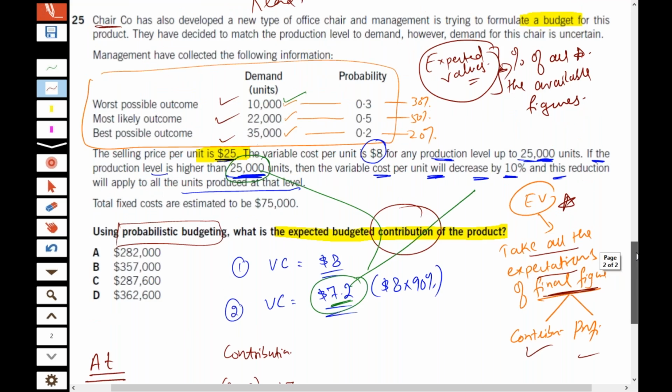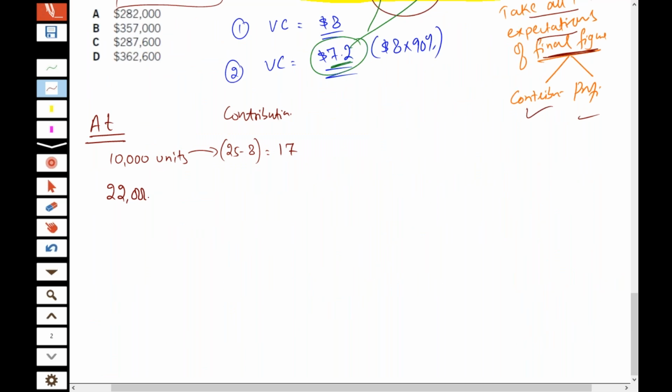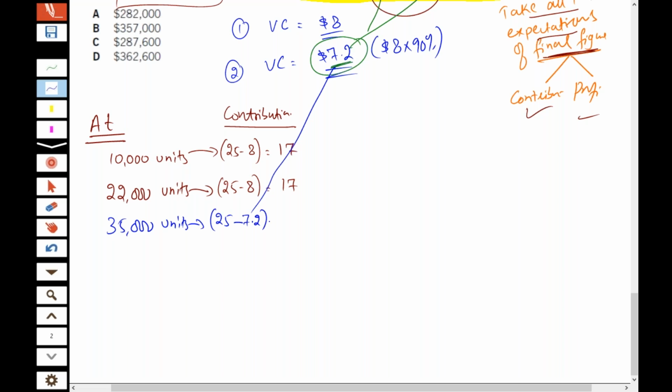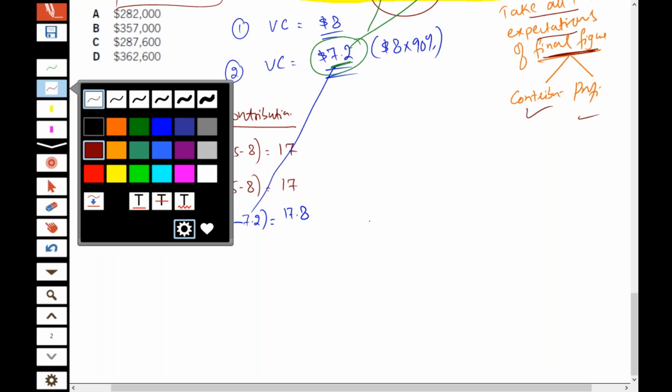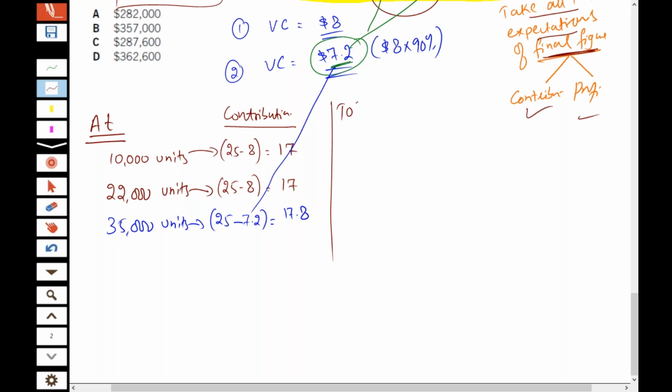Next, 22,000 units. At 22,000 units, my contribution would be 25 minus 8. It is 17. But at 35,000 units, it will be 25 minus 7.2, which would become 17.8. Now you need to calculate the total contribution.